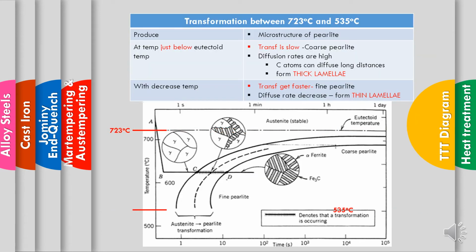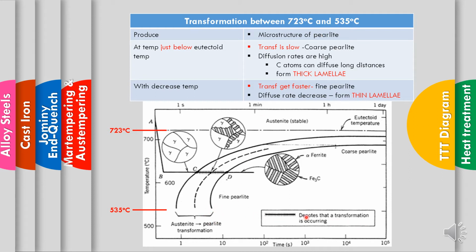And for the transformation between 723 degrees Celsius and 535 degrees Celsius, we indicate it in this line and this line, the same as the previous diagram. So here there is a production of pearlite microstructure.